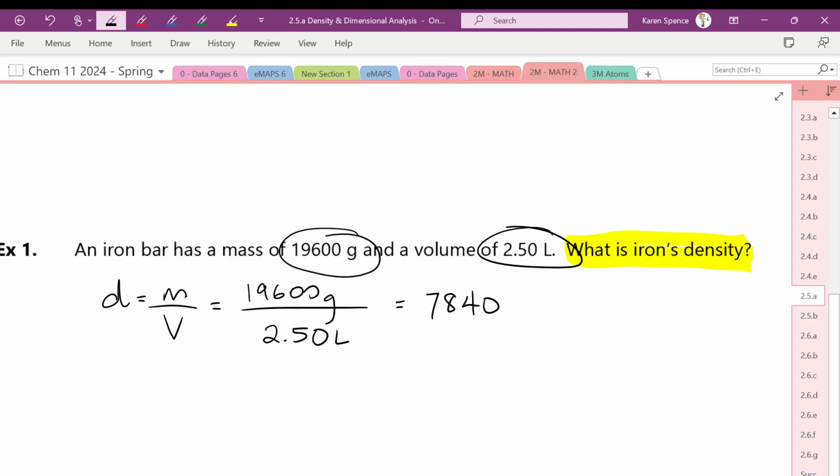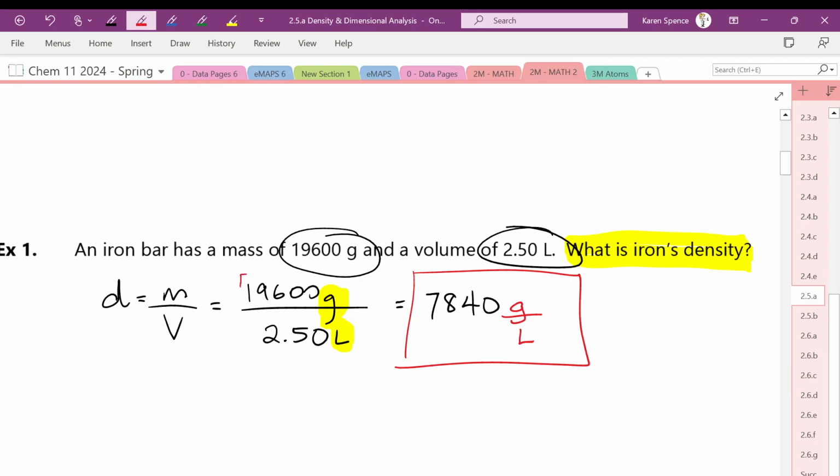It needs a unit. We have both grams and liters. The grams are going to go on the top and the liters are going to go on the bottom. Do we have correct sig figs here? 3 sig figs, 3 sig figs. Oh, look, 3 sig figs. So we're good.